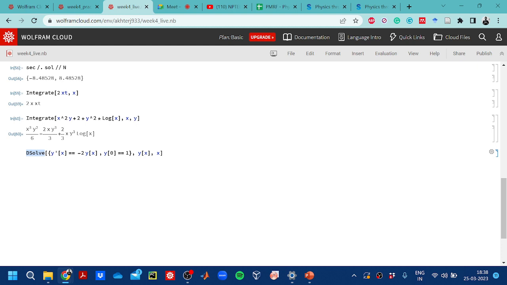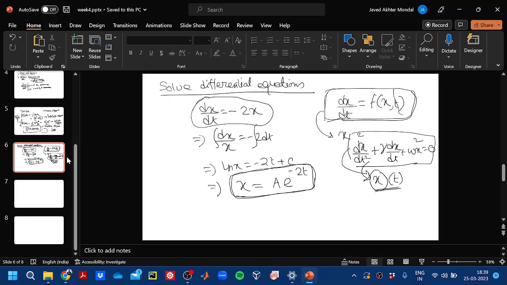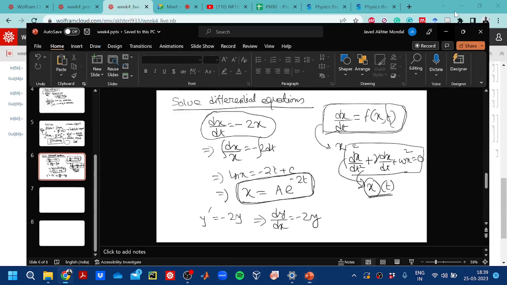But if our equation has differentiation, like a differential equation, then we have to write down this DSolve command. So what is the equation here? The equation here is y prime equal to minus 2y, or you can write this as dy/dx equal to minus 2y. So this is our given equation. Suppose we want to solve this.